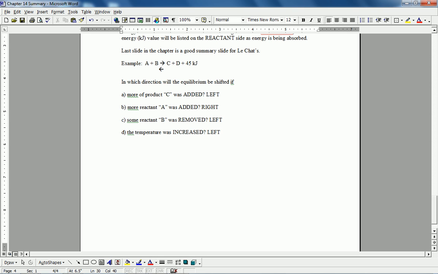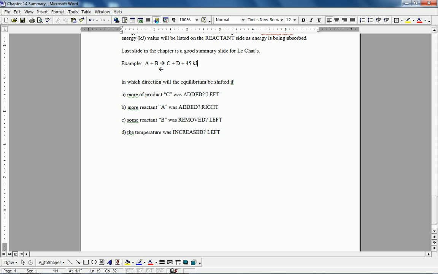Again, it's very important to look at Le Chatelier's principle in terms of energy and say, okay, well, if I had increased the temperature and it was endothermic and I had my kilojoules of energy here next to B, that would have been a very good help into the system. It would have pushed the reaction to the right and helped it reach equilibrium. By actually adding temperature into an exothermic reaction, I've slowed it down and I've shifted it to the left, whereby I'm trying to consume the heat.